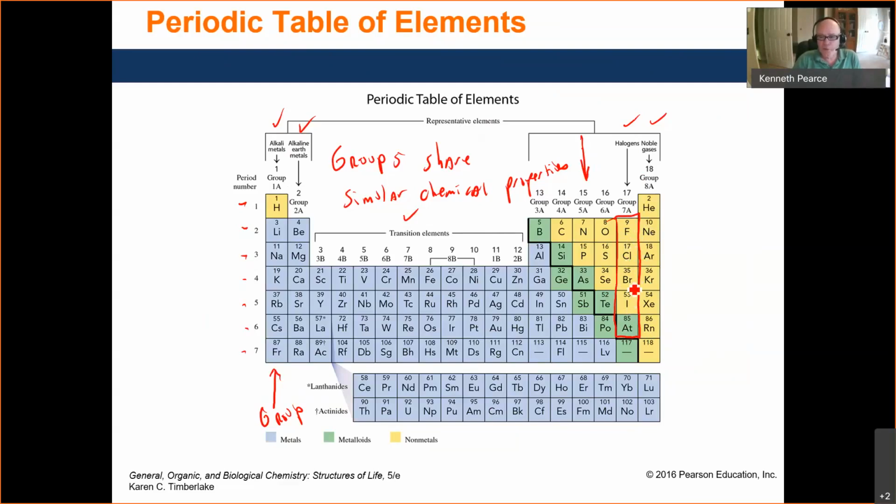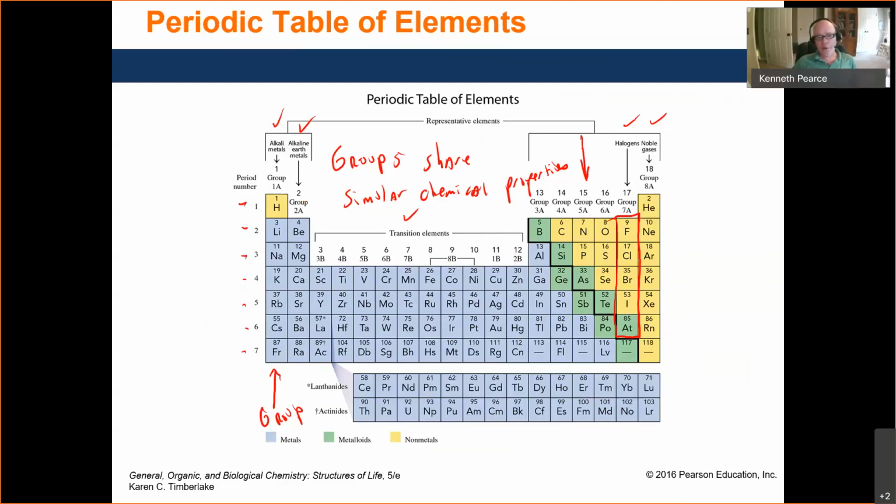So they have different physical properties, but chemically, the halogens are very reactive, and they're often found with alkali metals or alkali earth metals in nature. And so, being part of the halogens group, they all behave very similarly.